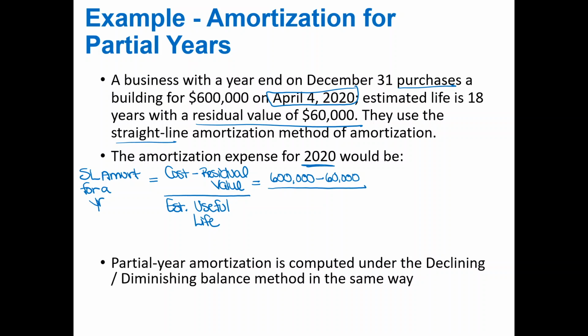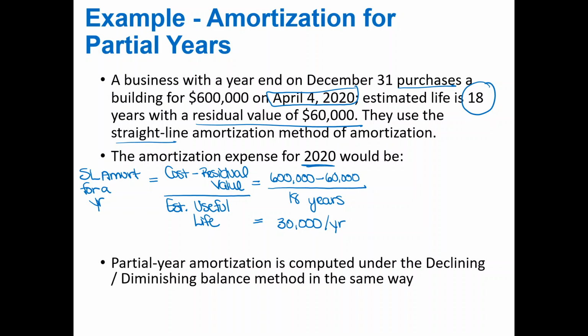And the estimated useful life is 18 years. So $540,000 divided by 18 years gets us $30,000. But this is per year. So for a whole year, if we own this, we would record $30,000.